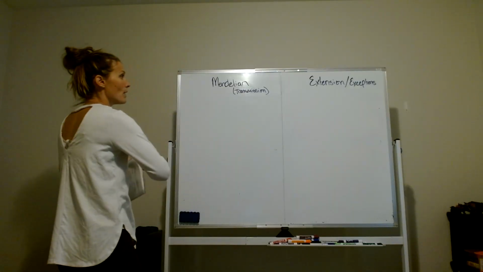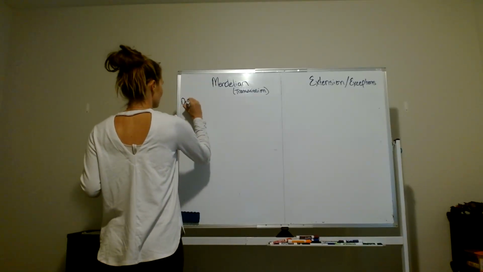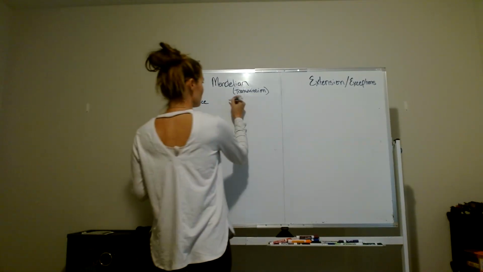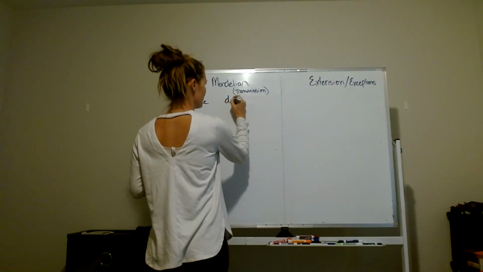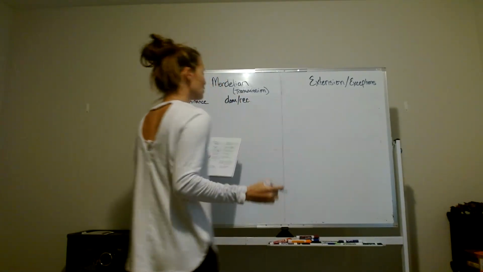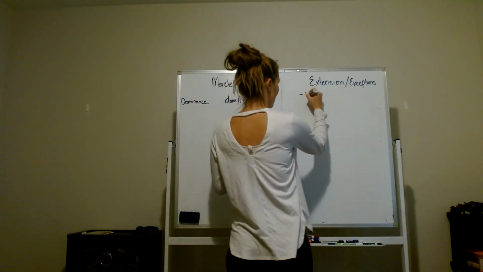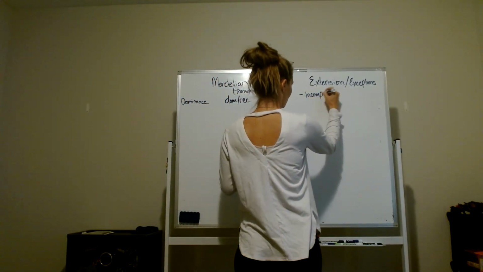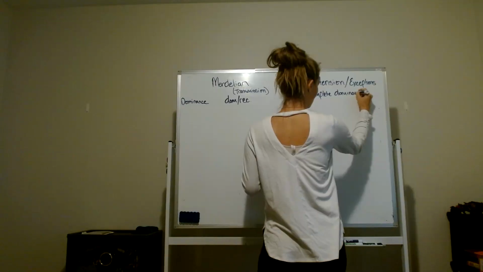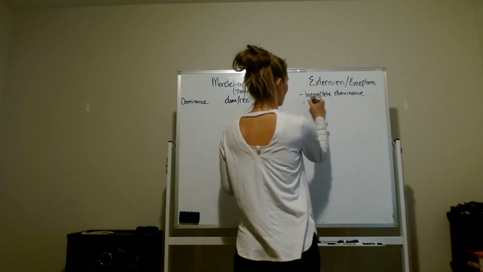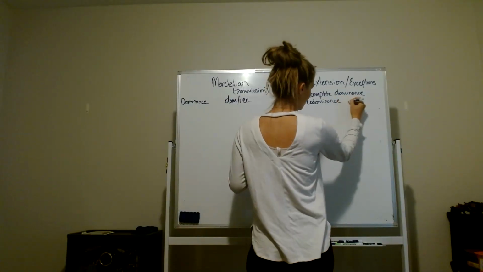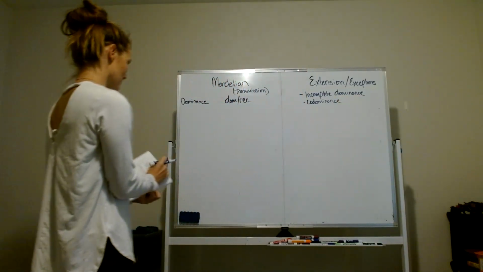Okay, so if we look at dominance, we can see that Mendel said there's a dominant allele and a recessive one, right? That's just his law. If we look at the exceptions, we can see that incomplete dominance and codominance are the exceptions.